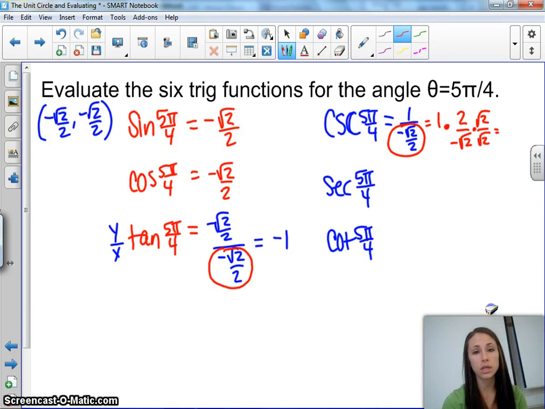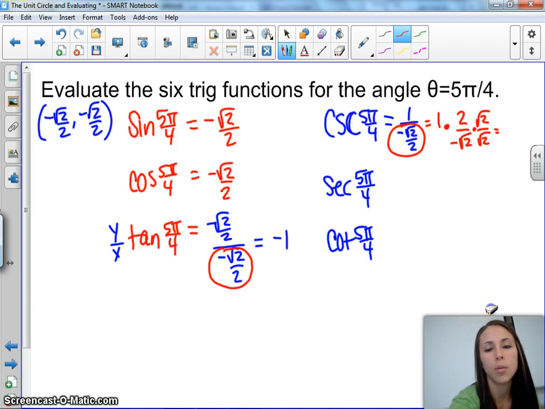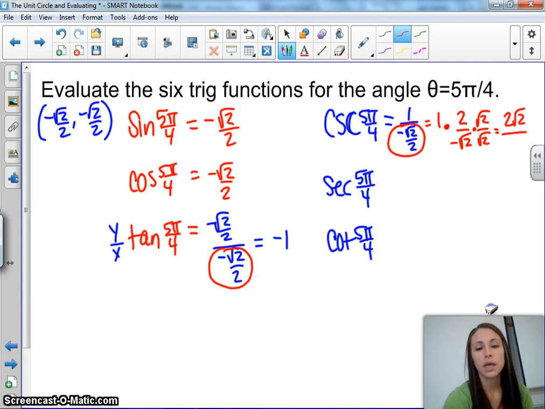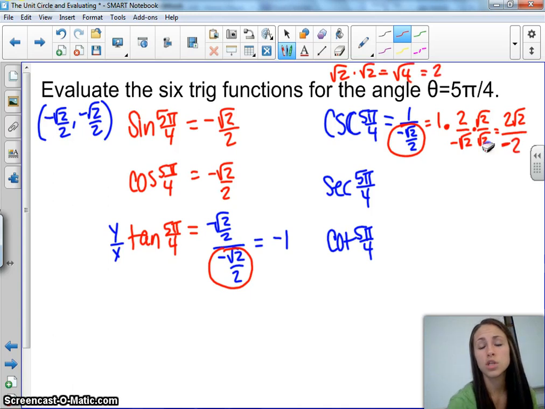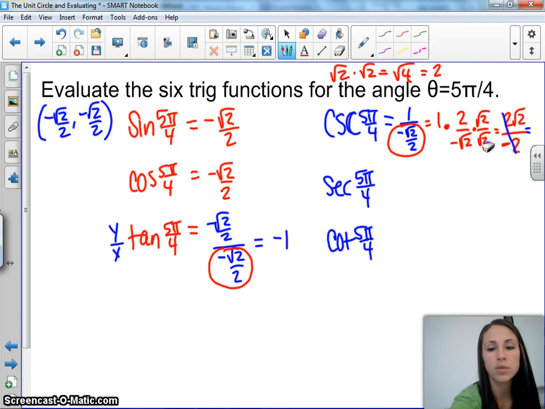This is just going to be 2 square root of 2 over, in the bottom, negative, square root of 2 times square root of 2, which is the square root of 4, and the square root of 4 is just 2. When I simplify, these 2's cancel, leaving a negative square root of 2.